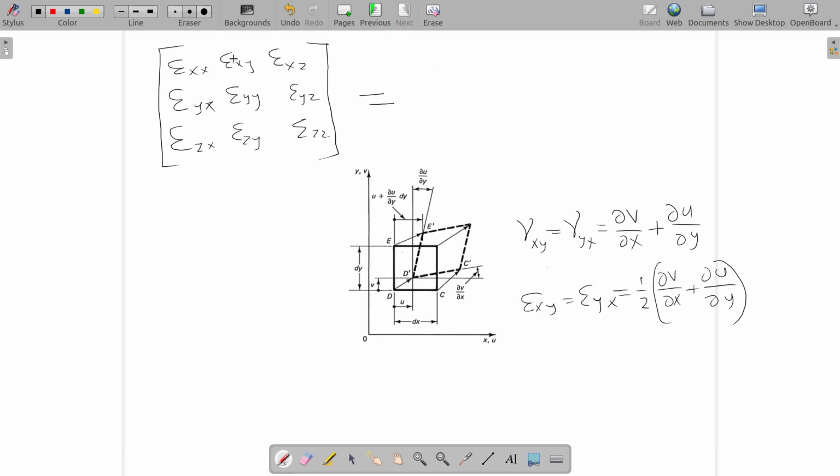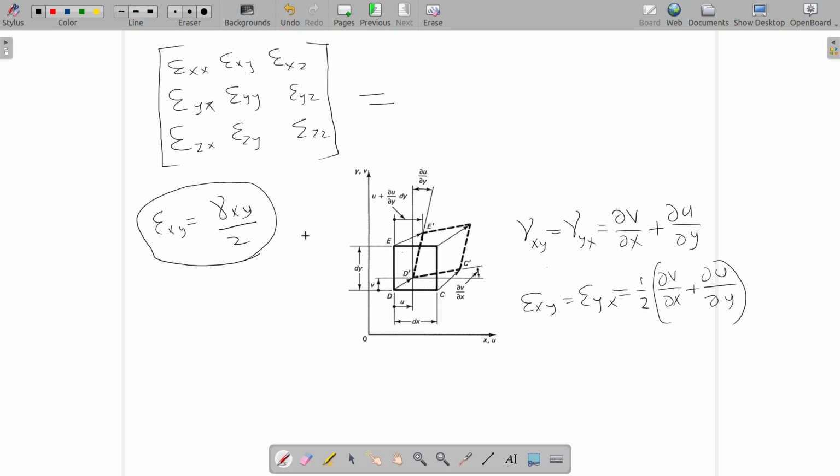So these shear terms should be replaced with gamma xy or gamma yx. So epsilon xy is equal to gamma xy by 2.